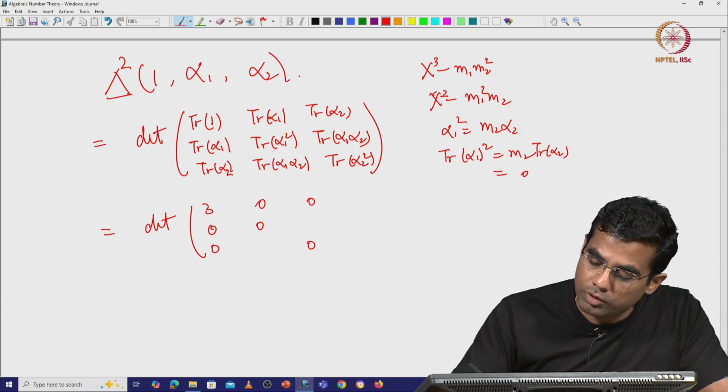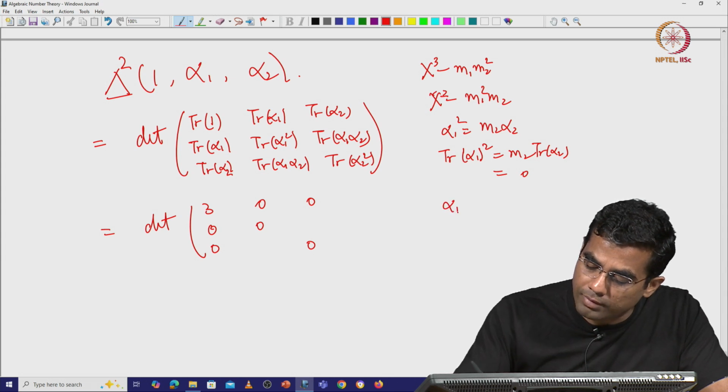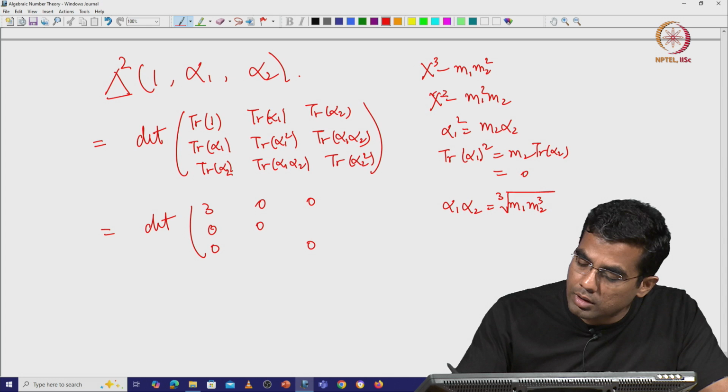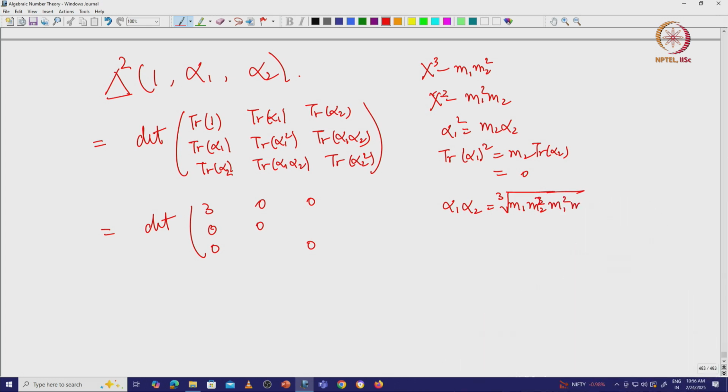And what is the trace of alpha 1 alpha 2? This is the cube root of M1 M2 cubed, times M2 squared M1 squared M2, so this is M1 M2, and so the entry is 3 M1 M2. And if you calculate the determinant, this is minus 27 M1 M2.